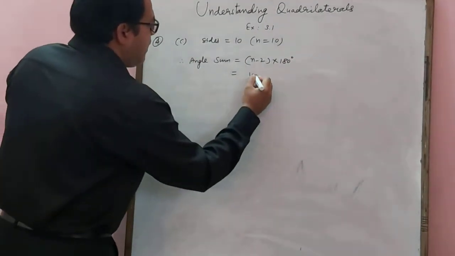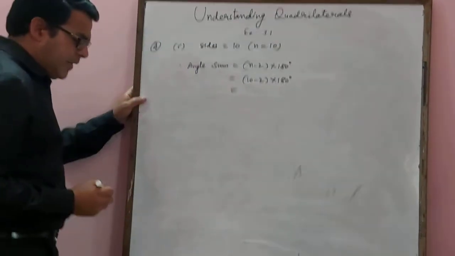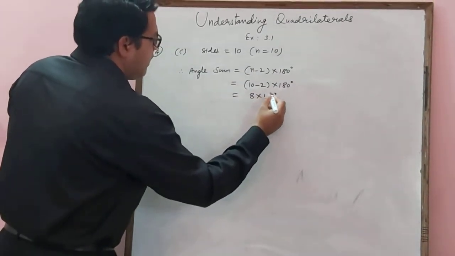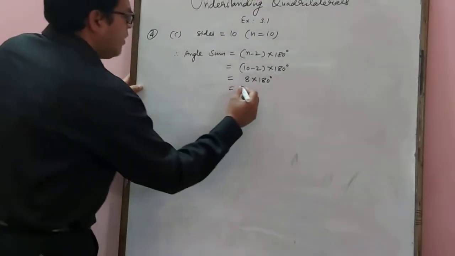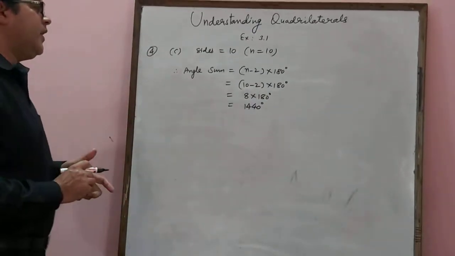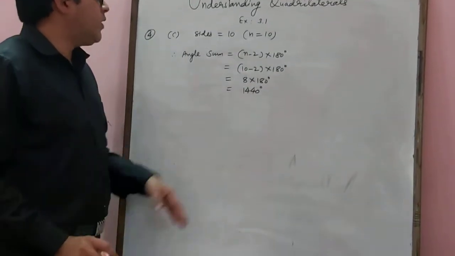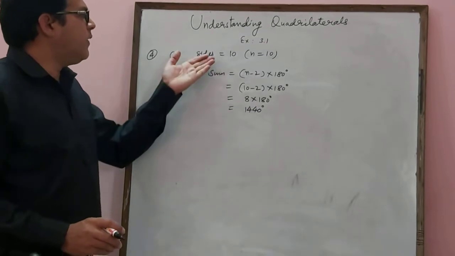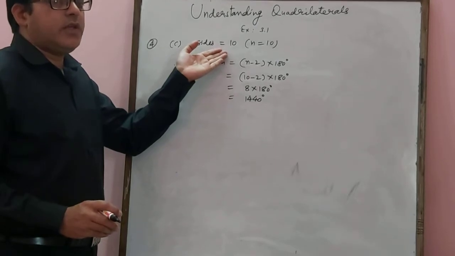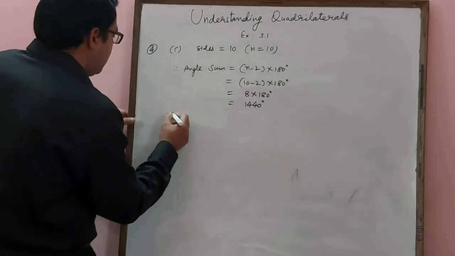Value of n is 10, so 10 minus 2 into 180. 10 minus 2 is 8, into 180, and after multiplication we get 144, then one more 0. 18 eights are 144, then you can add 1 zero there: 1440. This is the angle sum for a polygon which has 10 sides. What is the name of this polygon? It is a decagon.